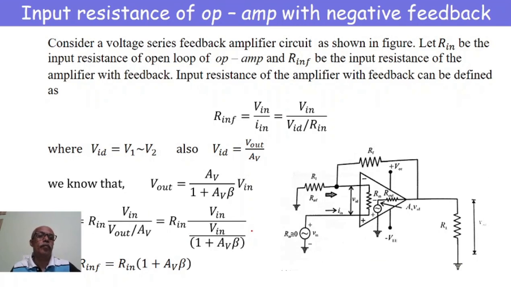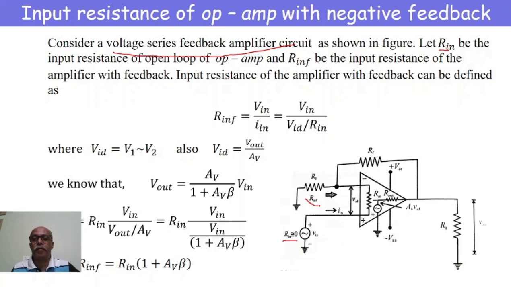Next, coming to the input resistance of an op-amp with negative feedback. Let us consider a voltage series feedback amplifier circuit, and this figure represents the voltage series feedback amplifier. In this, let Rin be the input resistance. You can see here Rin is the input resistance without feedback, and Rinf represents the input resistance with feedback.